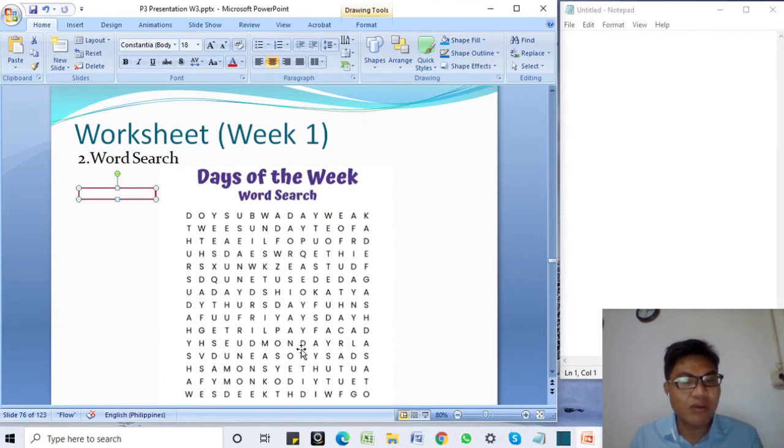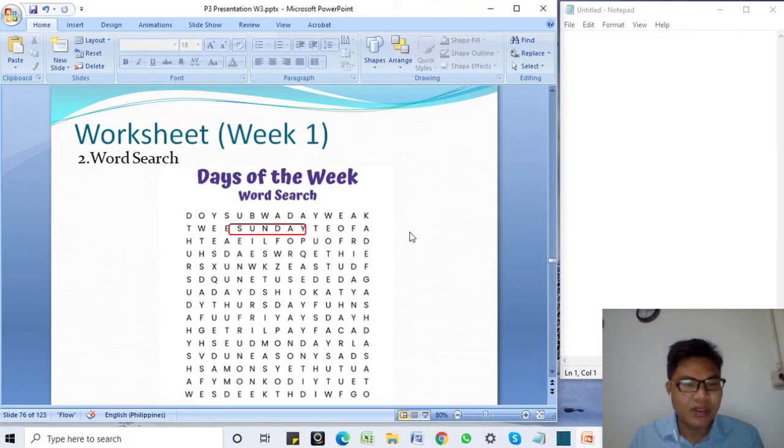Once you found them, you have to encircle them. For example, I found Sunday. Once you found them, you have to encircle them. Okay? All right. So you have to look for 6 more days in this puzzle. Okay?